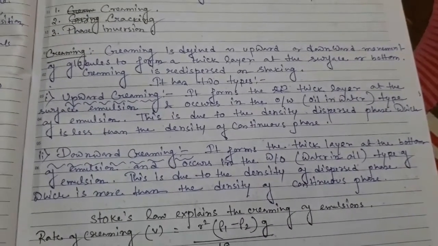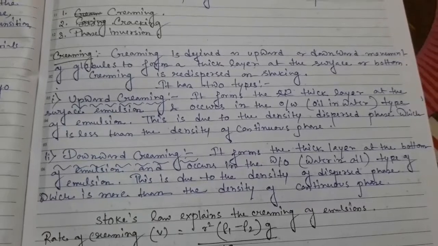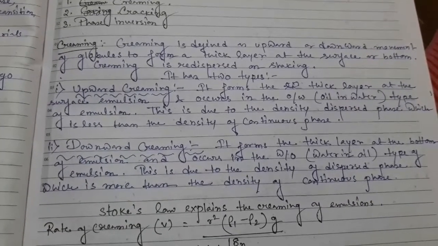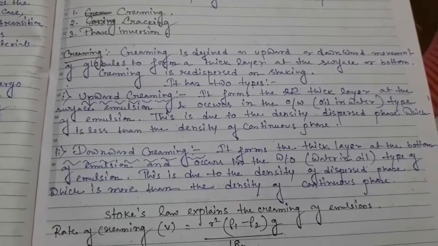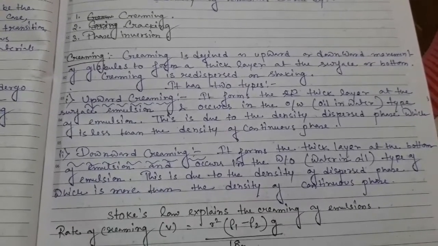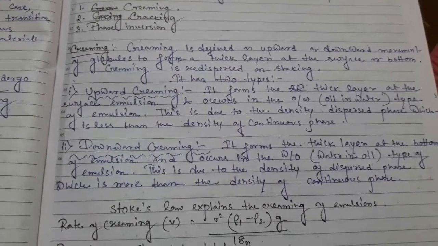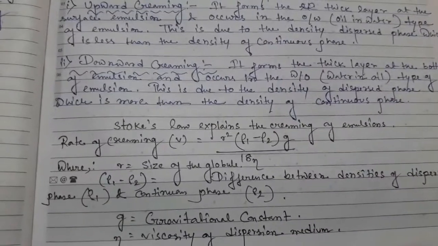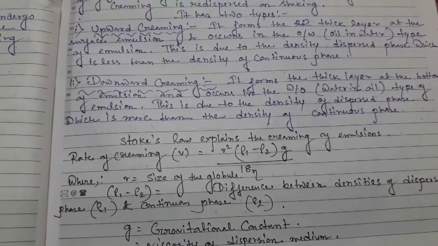Okay, that means when the upper layer of the emulsion is thick, that is called upward creaming, and when the bottom part of the emulsion is thick, downward creaming has formed. Stokes law is used to determine the stability of the emulsion.